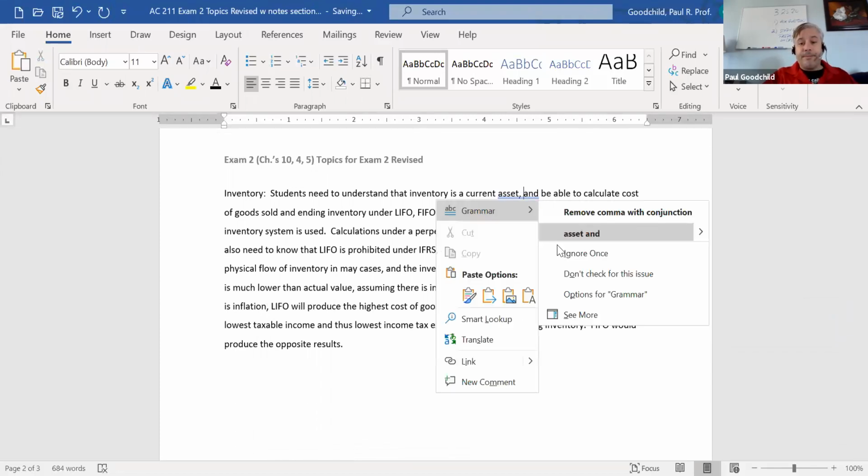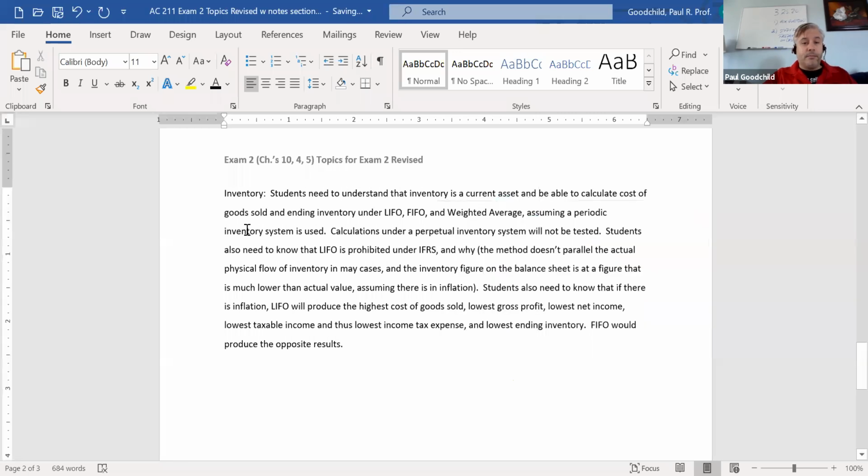Inventory, which was a big focus. Understand the inventory is a current asset and be able to calculate the cost of goods sold and ending inventory under LIFO, FIFO, and weighted average. Now remember, assuming a periodic inventory system is much easier than having to track perpetual with dates.